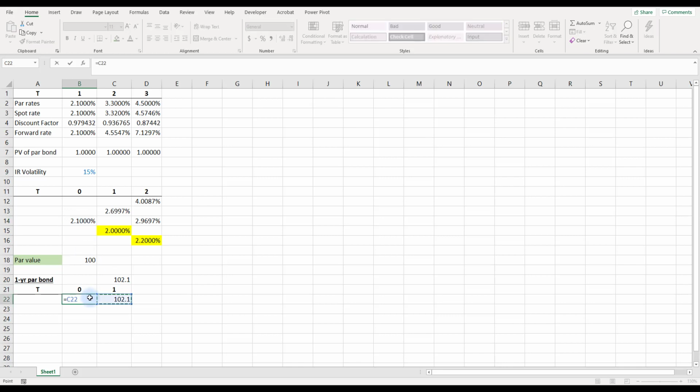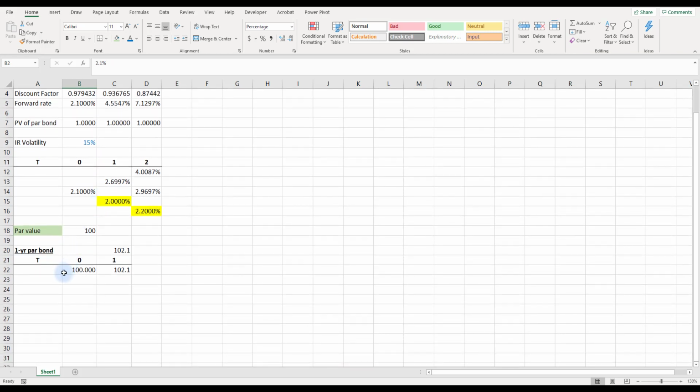So I will just take the cash flow, divide by 1 plus this 2.1%. Okay, so that gives us the par value. So we know that this 2.1% here is indeed correct because the no arbitrage value or the PV from this tree is equals to the par value. Okay, price is equals to par because it's a par bond. Now this is fairly straightforward, nothing much for us to do.